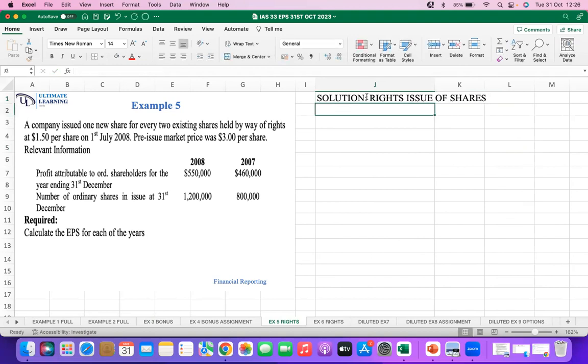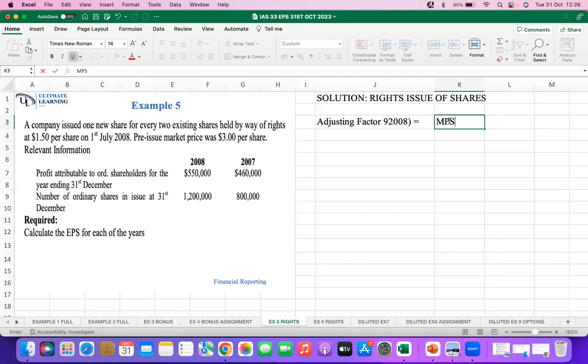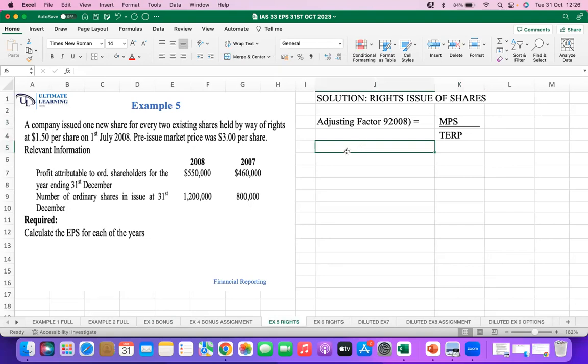We'll start with the adjusting factor, which we still don't know until we calculate. The adjusting factor for the current year, 2008, we have said is MPS divided by the theoretical X-right price.